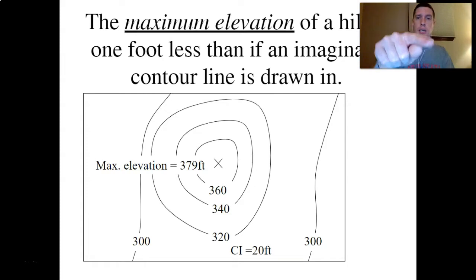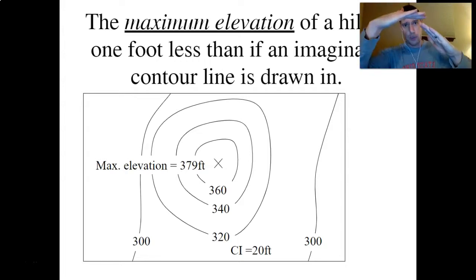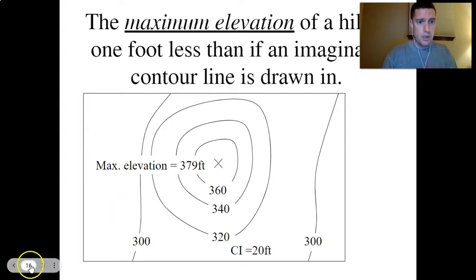And in this case, since I'm being asked about the maximum elevation, it can't be 381. I'd be going higher than a 380 line. So this has to be 379. It's like we're getting up pretty high, but we're not quite to a 380 line. So that'd be 379 right there. Okay. That's a lot to pack in.